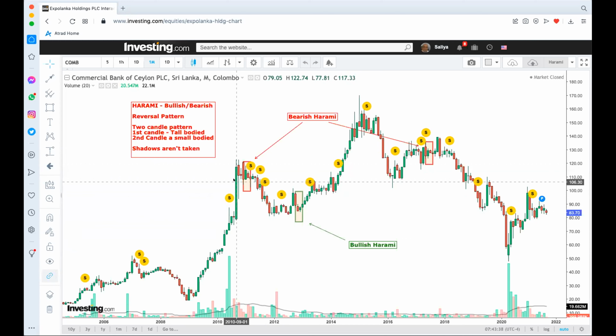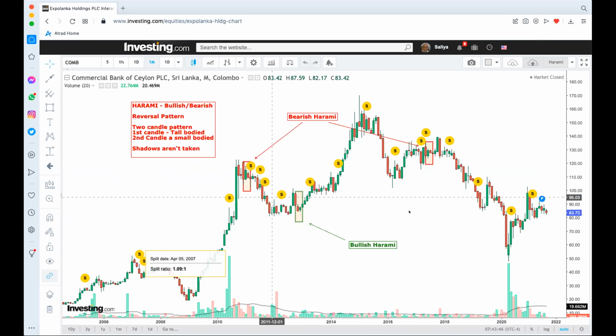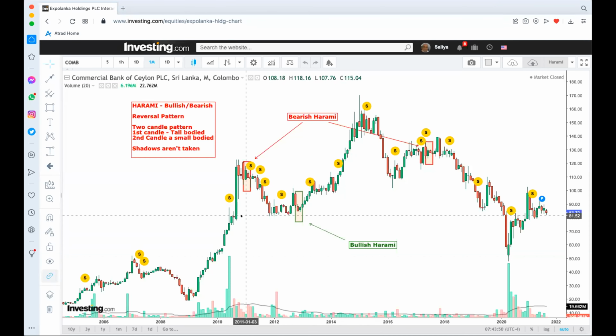You have to excuse these odd figures because the prices have got adjusted for the splits that you can see all over. That's why you have odd figures. But take the concept, right? Here you will see from 77.80 to 122.70. So that is a range, right?